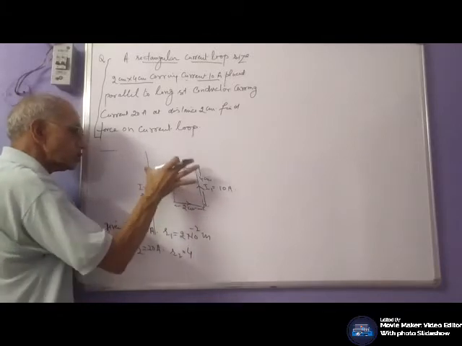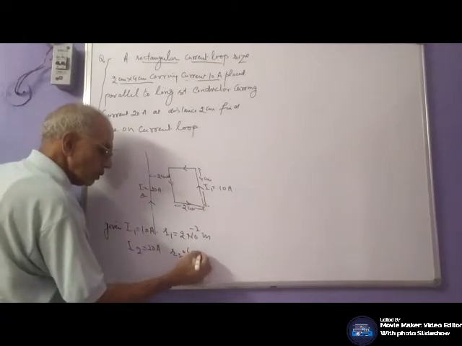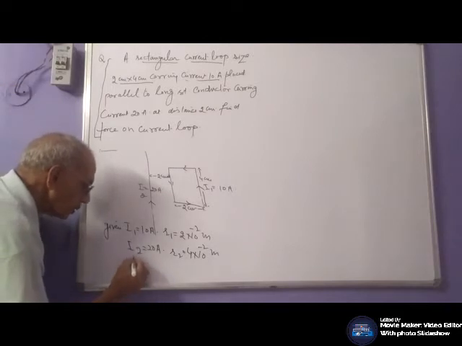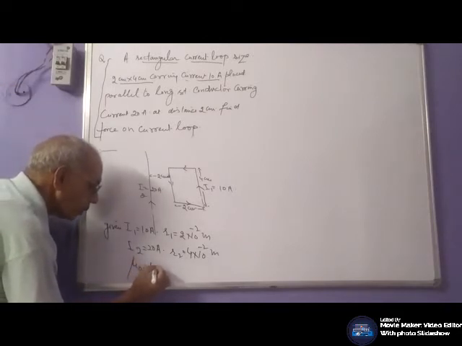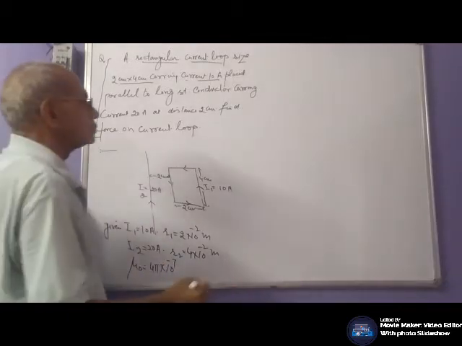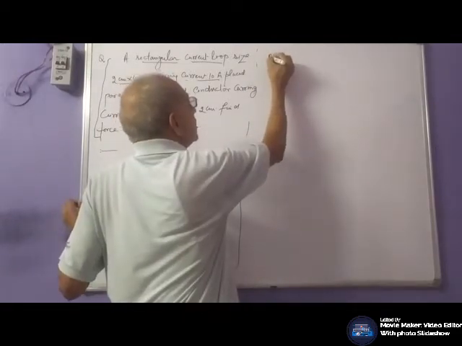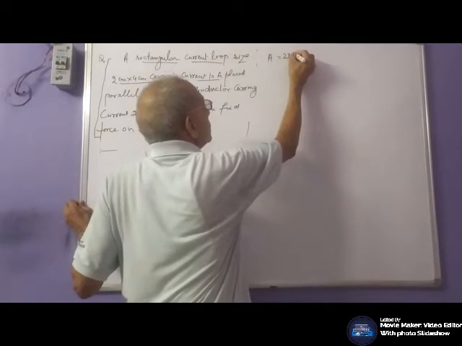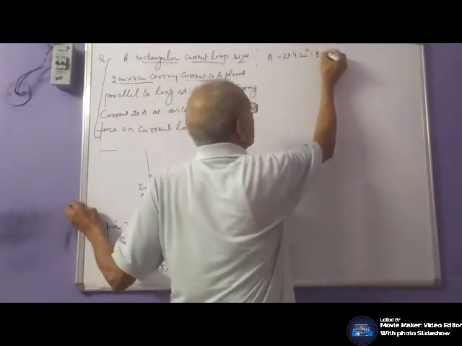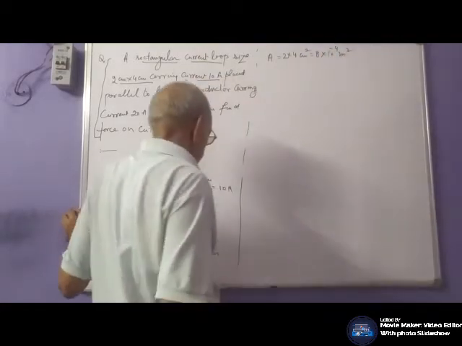This distance to this distance is conductor का. mu naught 4 pi 10 to the minus 7, area 2 into 4 centimeter square, 8 into 10 to the minus 4 meter square.